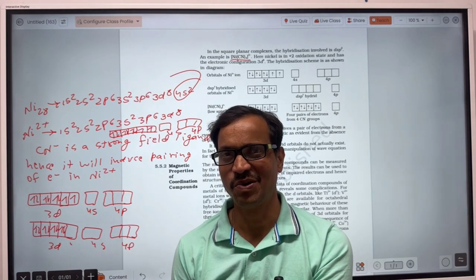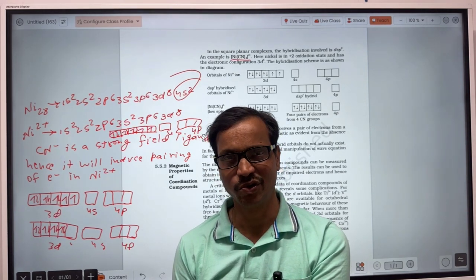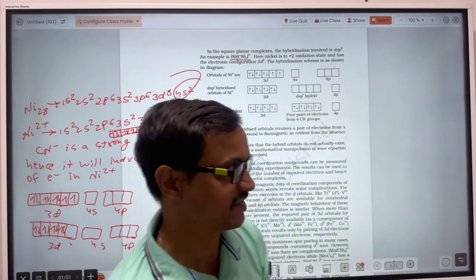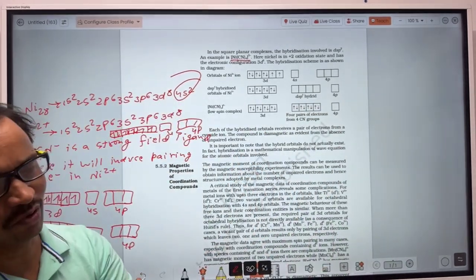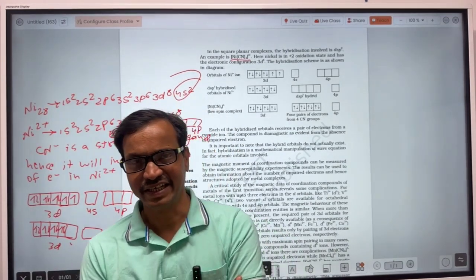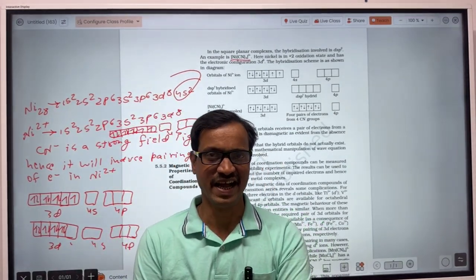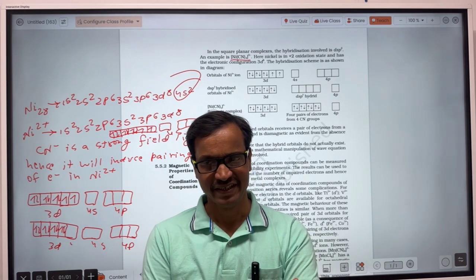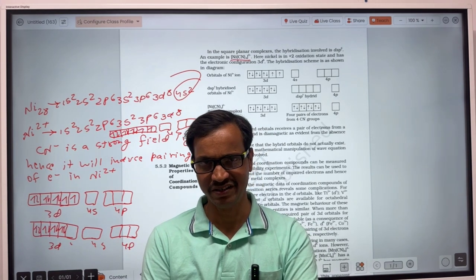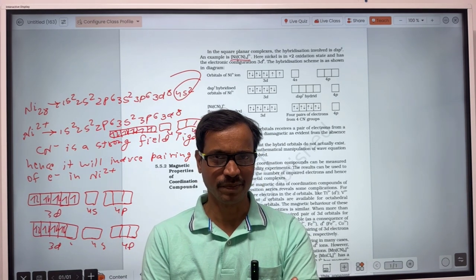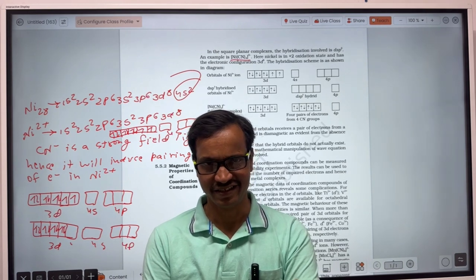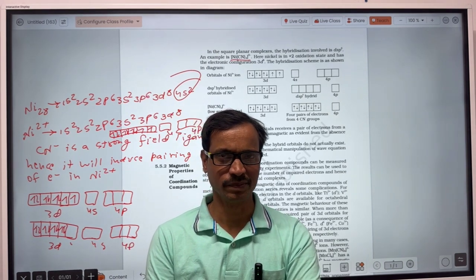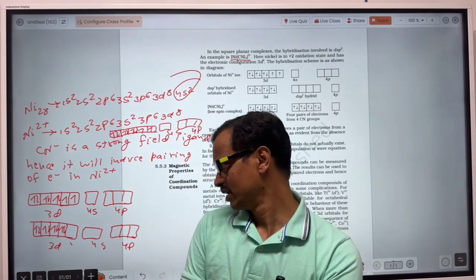To form 4 hybrid orbitals, 4 atomic orbitals will merge together.